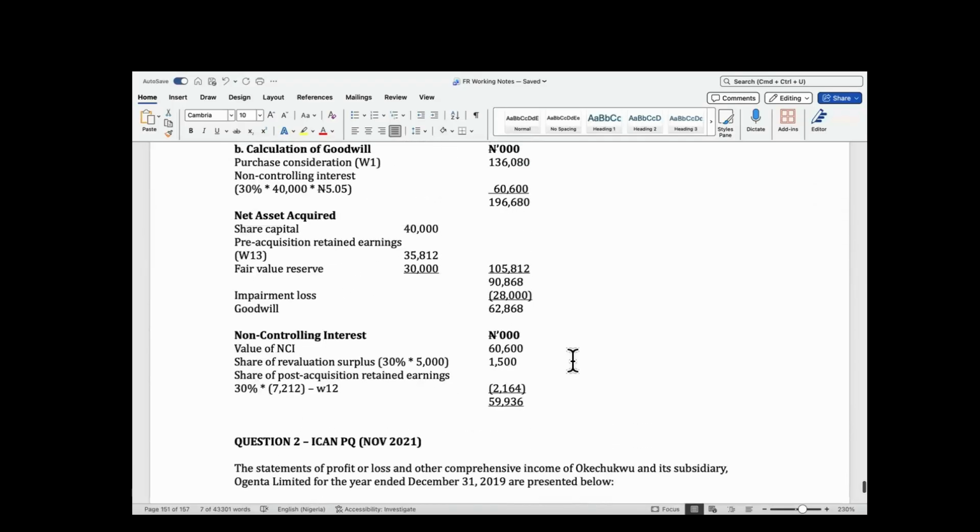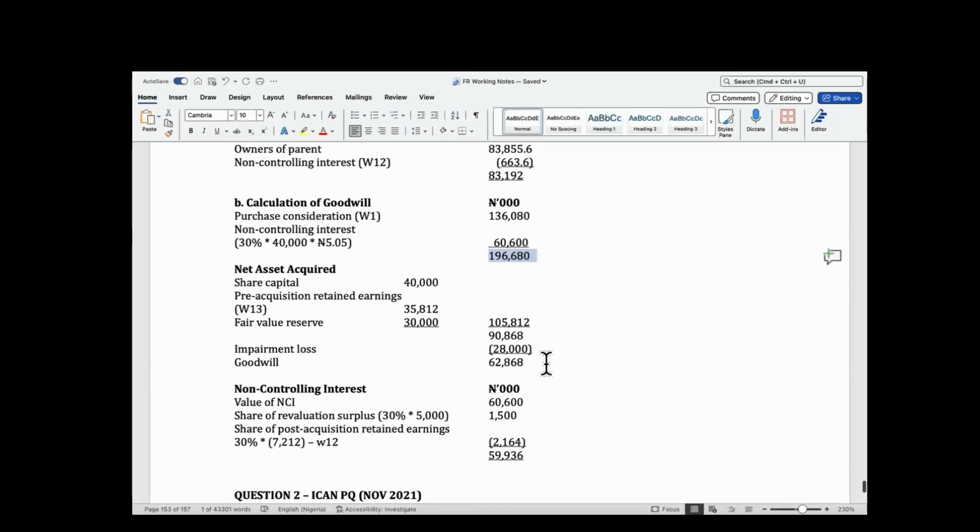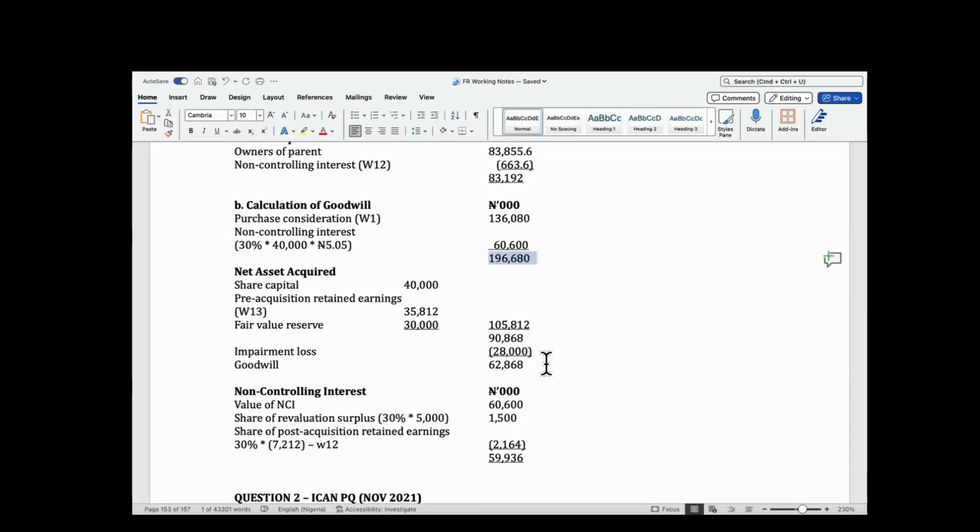Now, we're also required to calculate goodwill. So we already got the purchase consideration from workings one, and the value of NCI. So 30% of the number of shares of the subsidiary times the share price of the subsidiary gives us this. If I add it together, it gives me 196,680. I cancel it out against the net asset acquired.